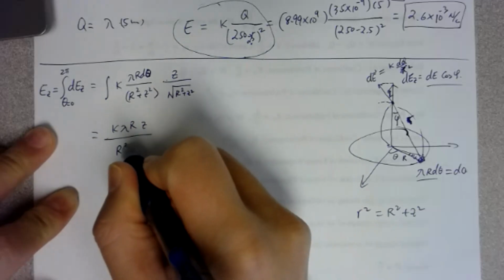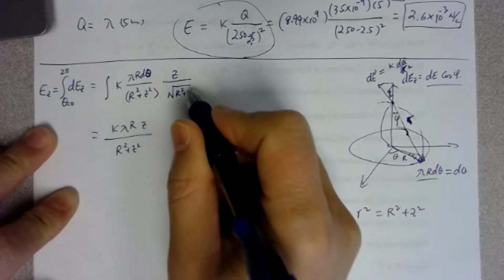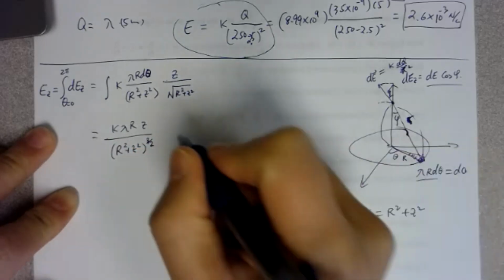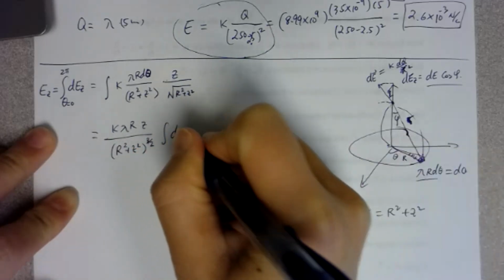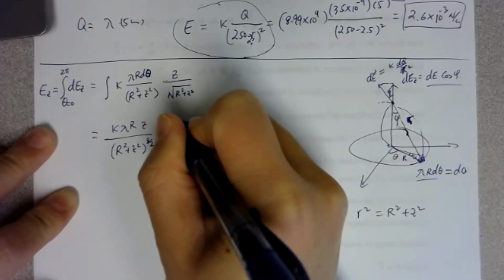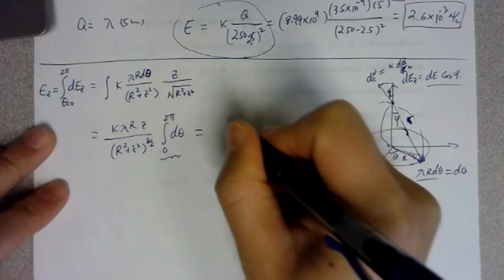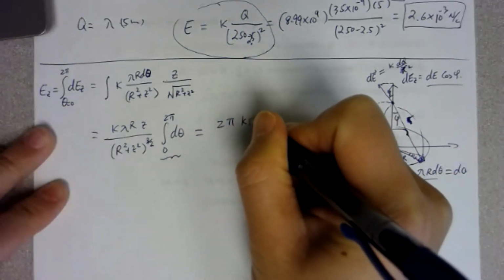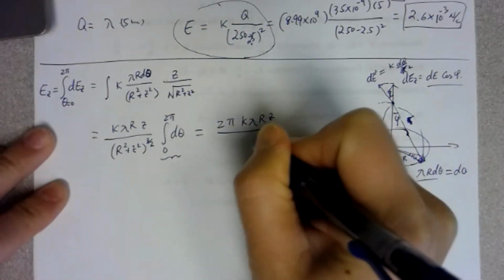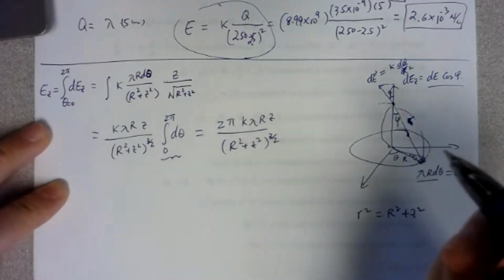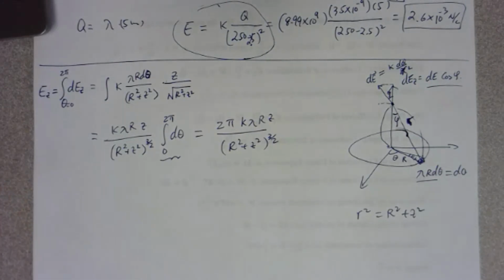So you can say r squared plus z squared, square root is 1/2, and then this is 1, so maybe 3/2. And then integration of d theta, where theta goes from 0 to 2 pi. So this whole thing gives you 2 pi. So the result will be just 2 pi k lambda r z over r squared plus z squared to the power of 3/2.